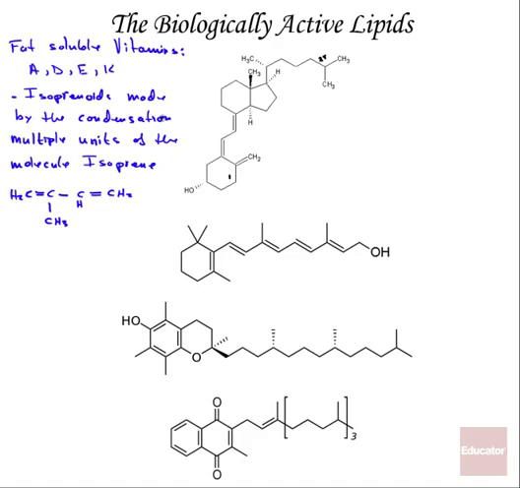Okay, so this one over here, this is vitamin D3. I hope I have enough room to write a little bit about these things. So up here is vitamin D3, also called cholecalciferol.